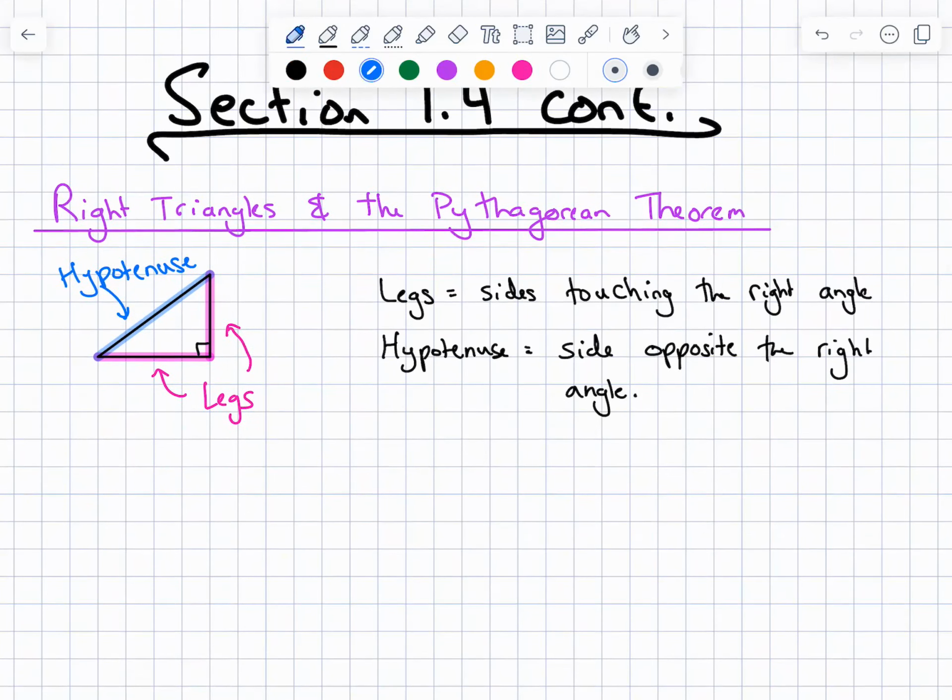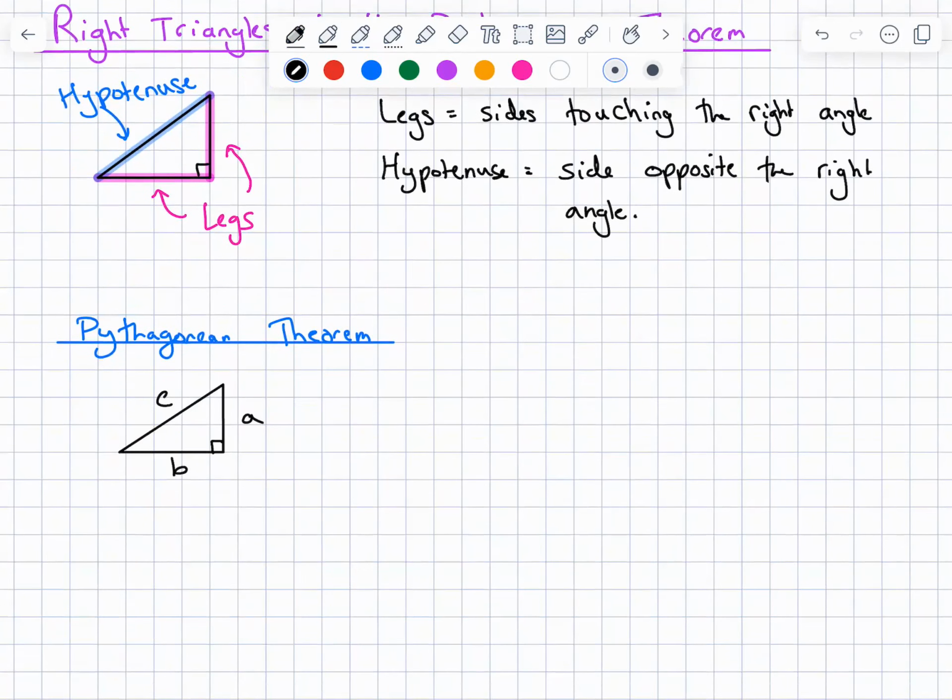The Pythagorean theorem. Just to make it easy to write, I'm going to draw another right triangle. I'm going to call the legs A and B, and the hypotenuse, I'm going to call C. With a right triangle, what you can say is that the sum of the squares of the legs is equal to the hypotenuse squared.